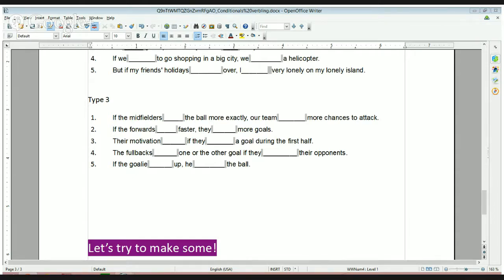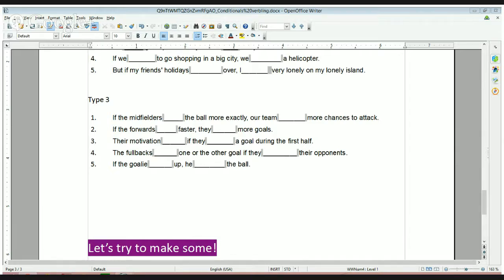So possibilities would be get for the first blank and catch for the second blank. Adela's gone. So Paolo, can you help us out and do number 5? Get for the first blank and catch for the second blank. Okay. If the goalie would have get up.